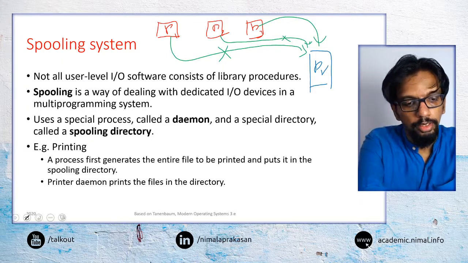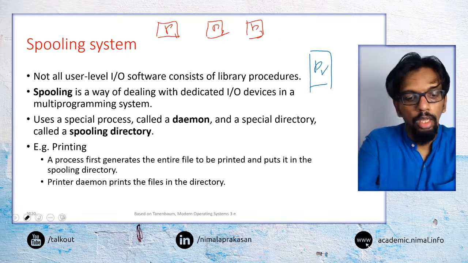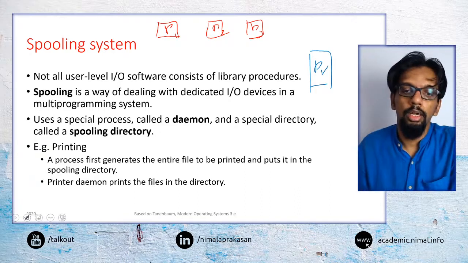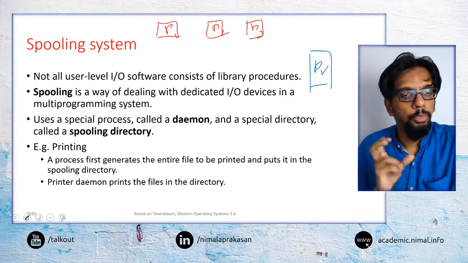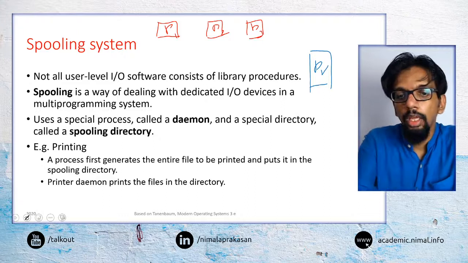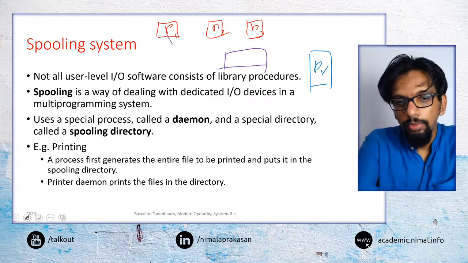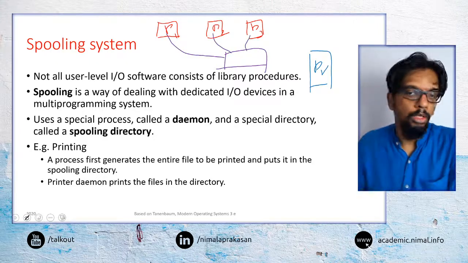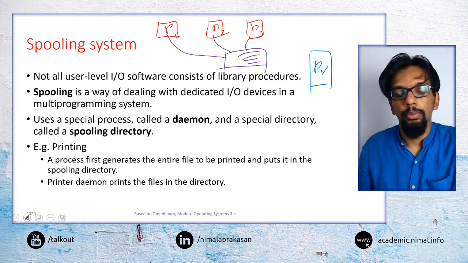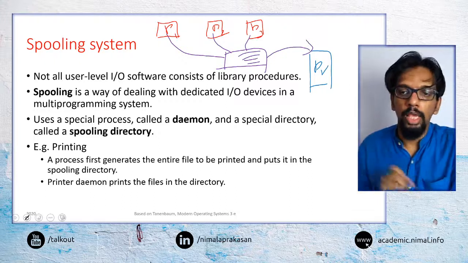An alternative way of doing this is what we can identify as a spooling process or spooling system, or sometimes we may call it a daemon process. What is it? It is an intermediary process that would receive all the requests from all the processes, and it will keep that in a buffer sort of a thing, and then this one will be the only one having access to the device.